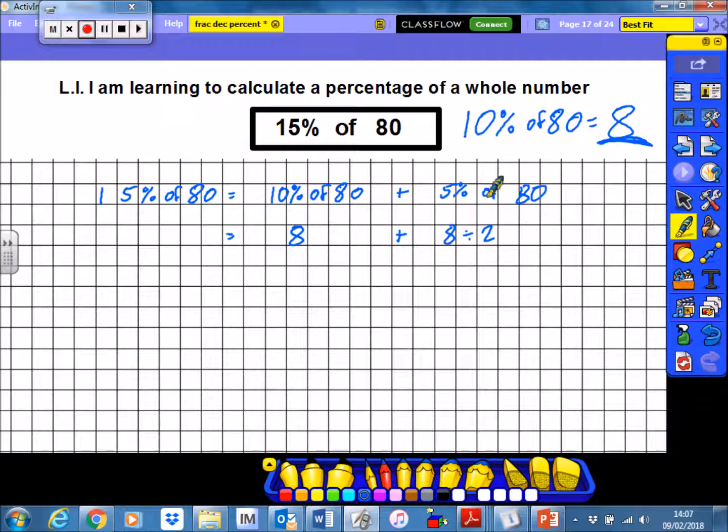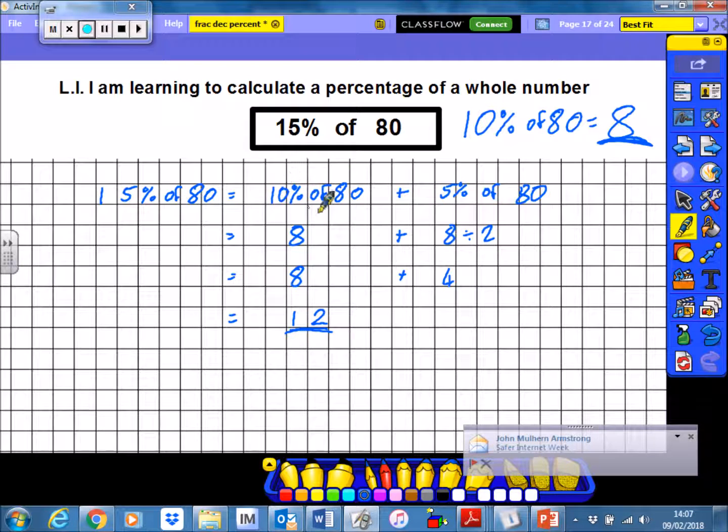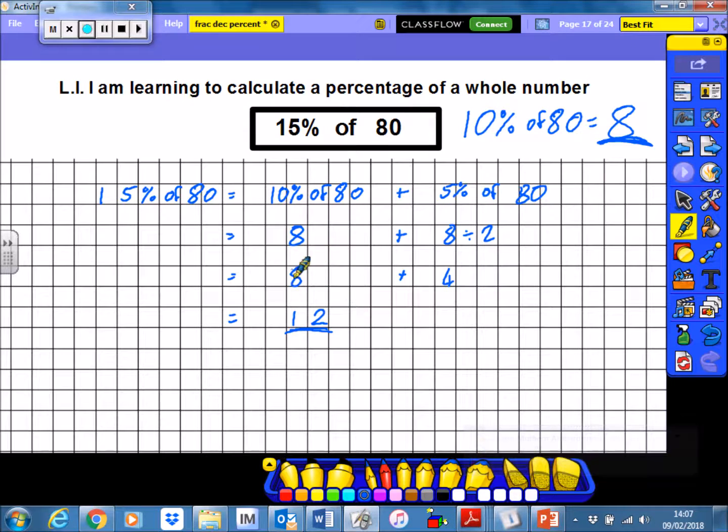So if I've got 10%, I work out 5% by dividing it by 2. So we really have 8 plus 4, and so our final answer is 12. So 15% of 80 was 10% plus 5% of 80, 8 plus 4, which is 12. But it all came from, first of all, working out our gateway percentage.